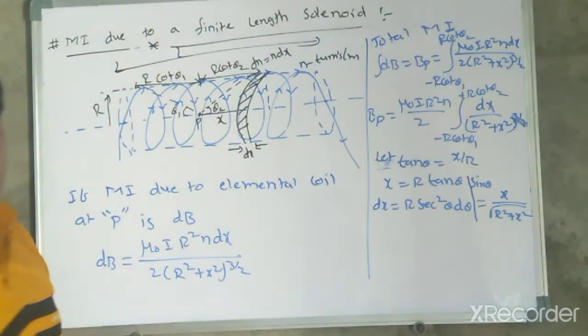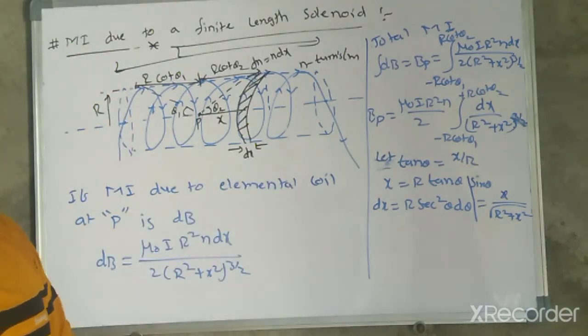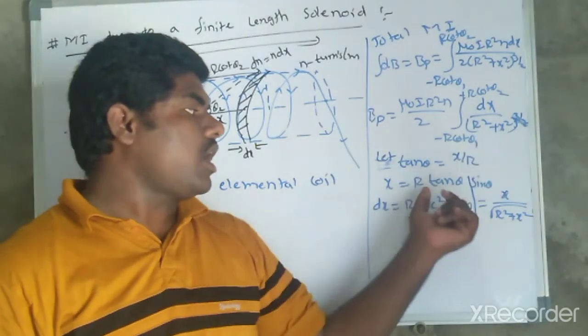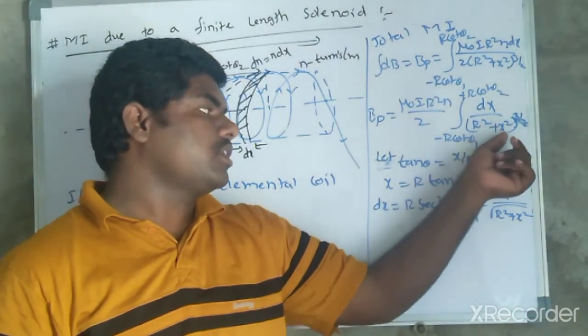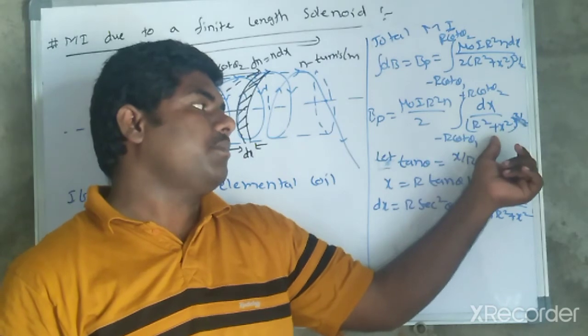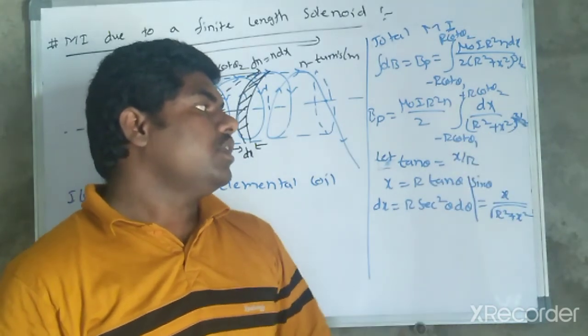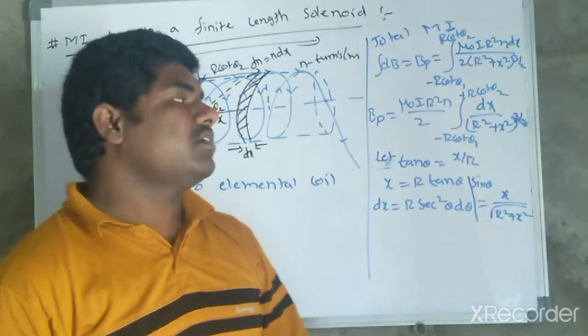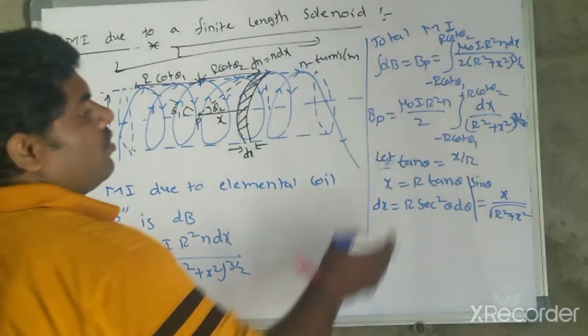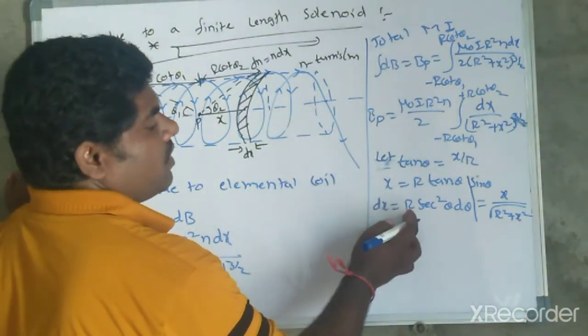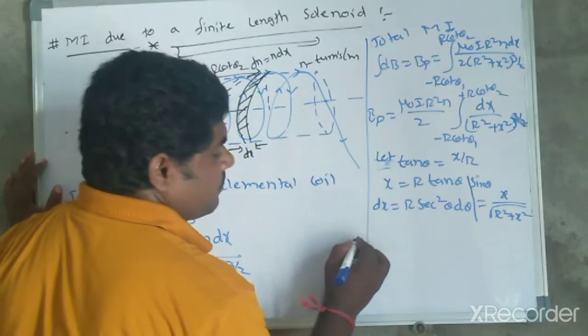I am going to write it here because we discussed it previously. x is equal to r tan theta, so r square plus x square is r square plus r square tan square theta. Taking r square common, it means r square into 1 plus tan square theta, nothing but secant square theta. The dx value is r secant square theta d theta, also substitute.